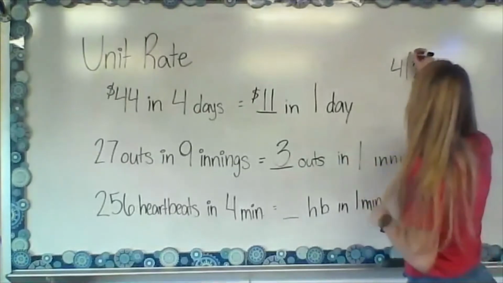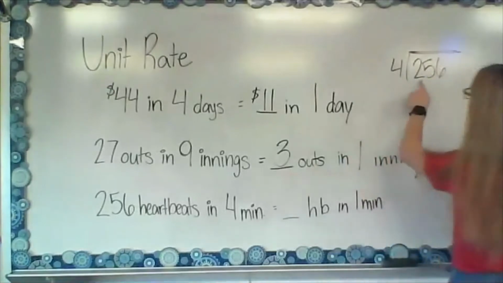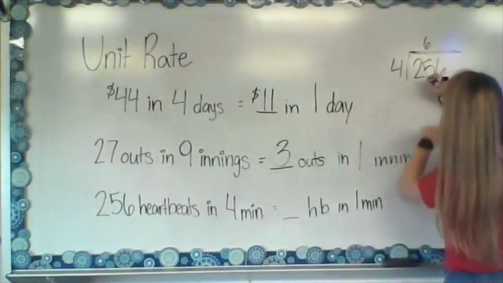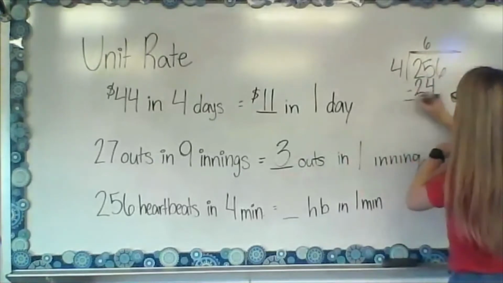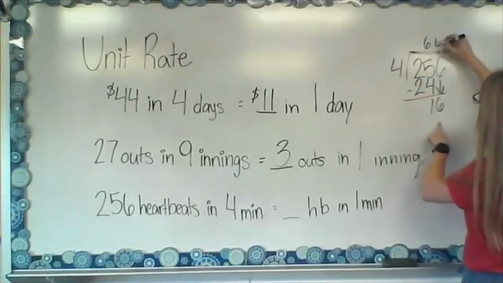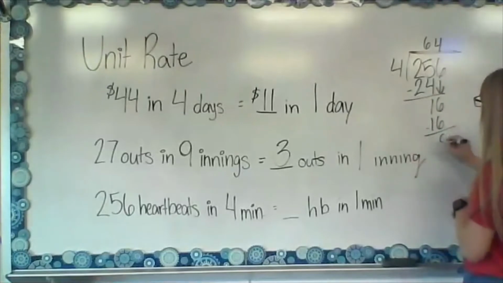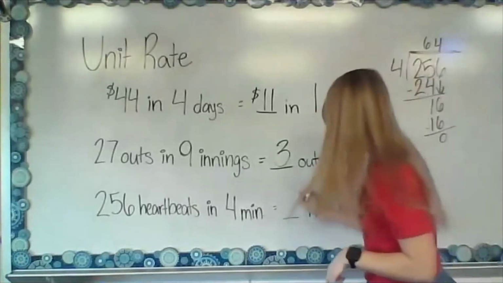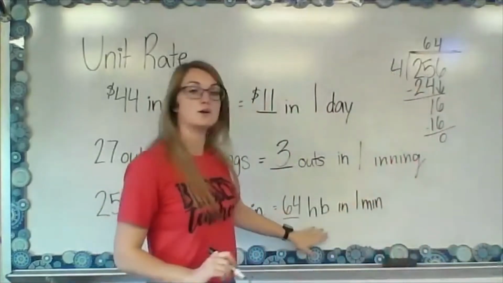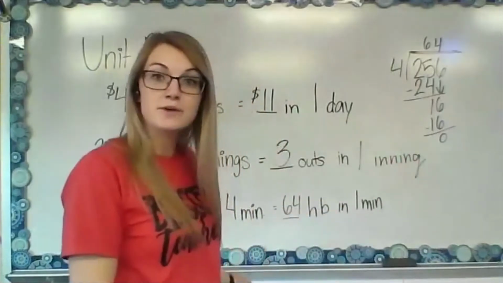I'm just going to divide that right out. 4 can't go into 2, but it can go into 25 6 times, right? That'd be 24. I'm going to subtract, drop my 6. 4 goes into 16 4 times. What's my answer going to be? 64. So there are going to be 64 heartbeats in 1 minute. And that's how you find a unit rate.